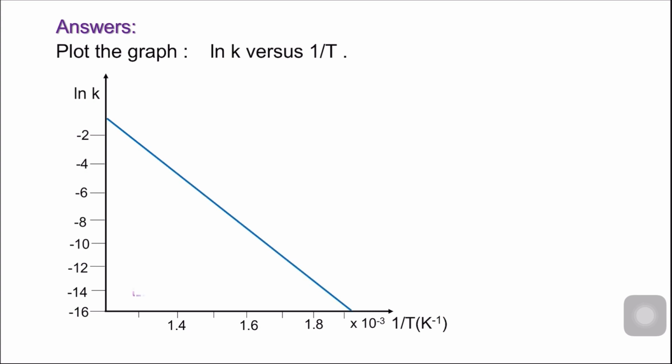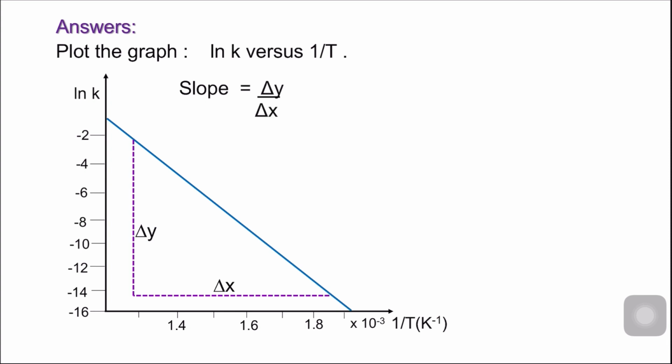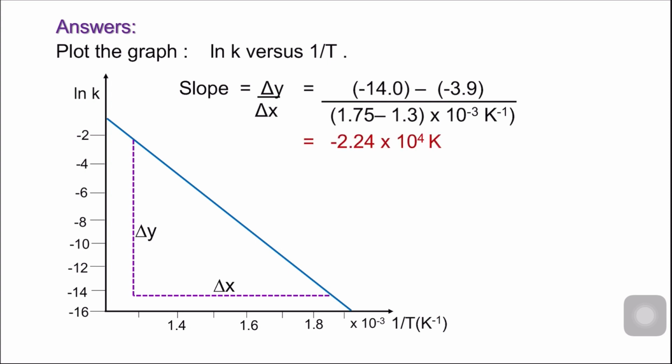And I will determine my gradient. So, pick any suitable point. I will find delta Y and delta X. So, here is my gradient. So, I will just insert the values. So, what I have here is negative 2.24 × 10^4 Kelvin. So, this is the value for my slope. But, we want to find the activation energy. Where the relationship is that my m equals negative Ea over R. What I want to find is Ea.